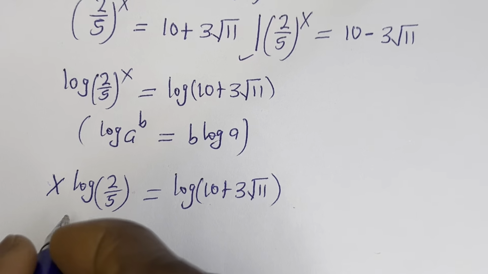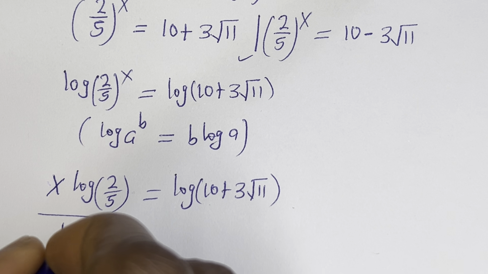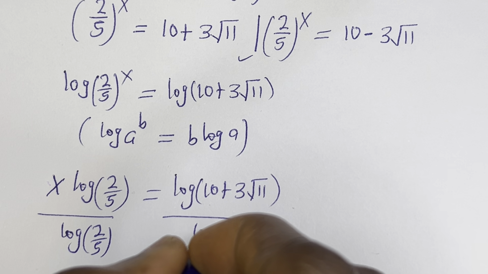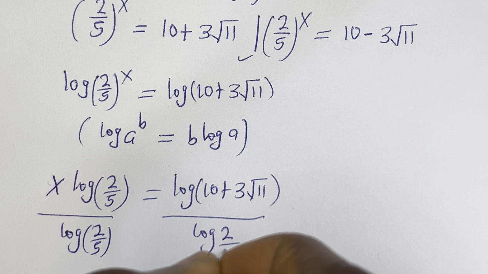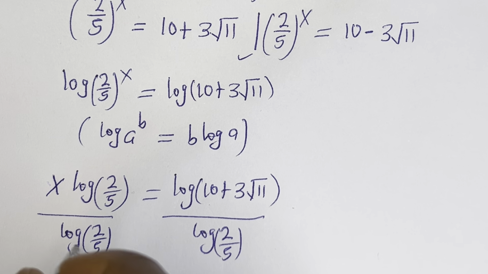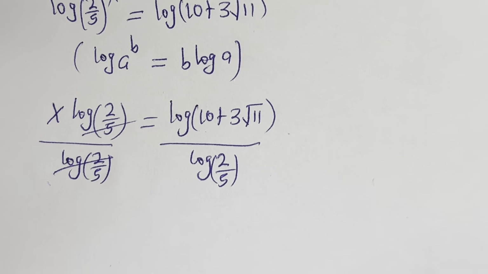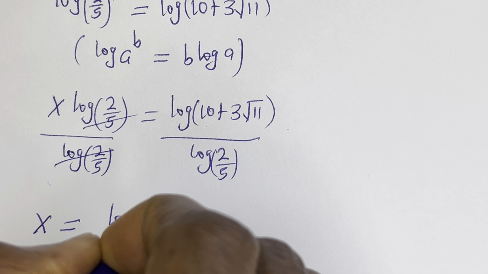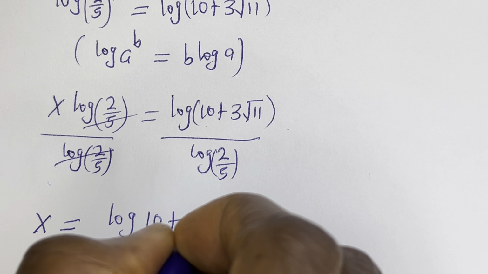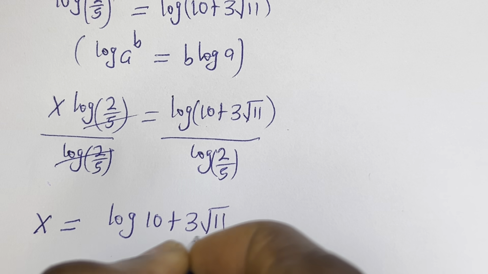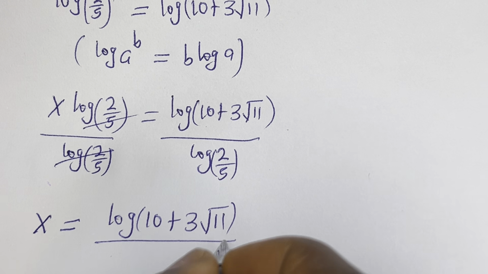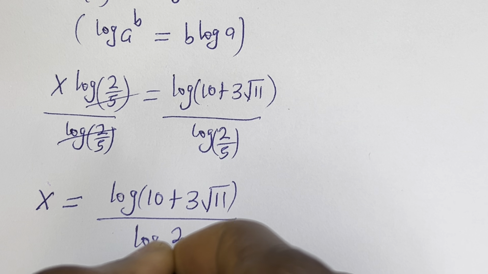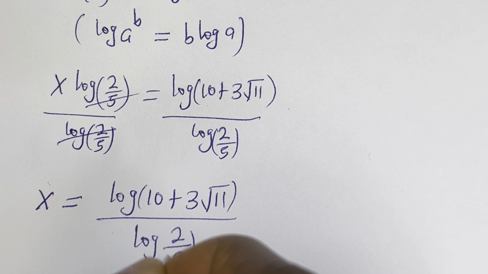Let's divide both sides of this equation by log (2 divided by 5). This will cancel this. x is equal to log of 10 plus 3 square root of 11 divided by log (2 divided by 5).